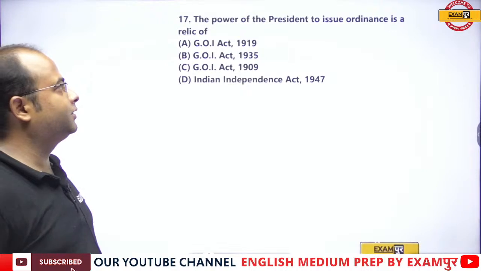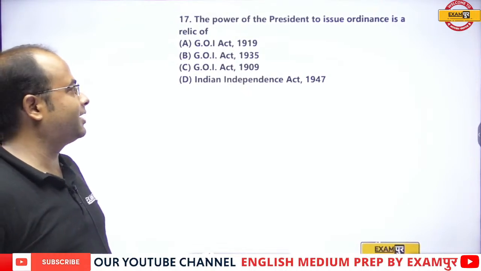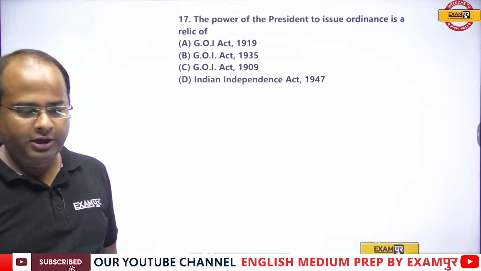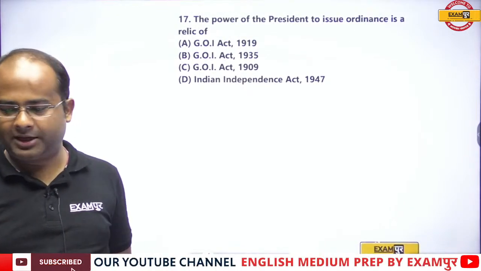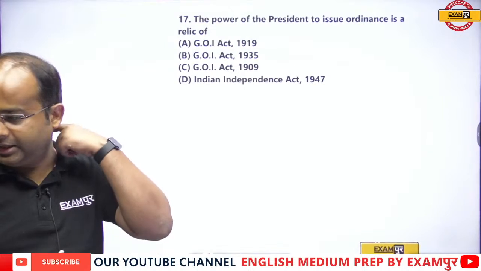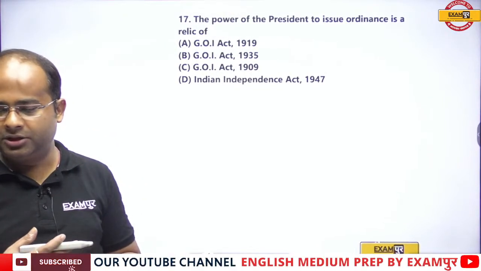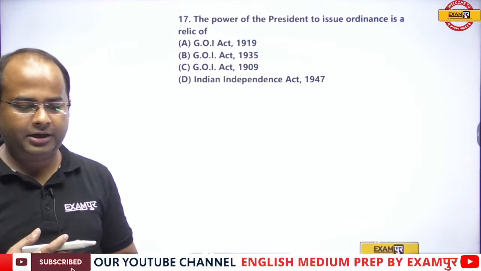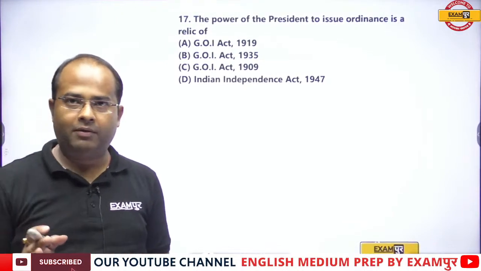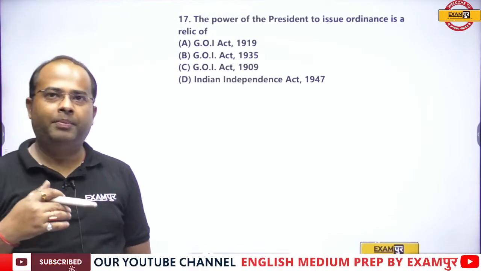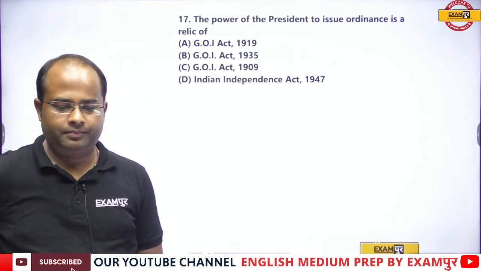Now, the power of the President to issue ordinance is the relic of... So the power to issue the ordinance, it is a relic of which act, guys? Government of India Act 1919, Government of India Act 1935, Government of India Act 1909, or Indian Independence Act 1947. So the power to issue ordinance by the President of India, where is it mentioned?